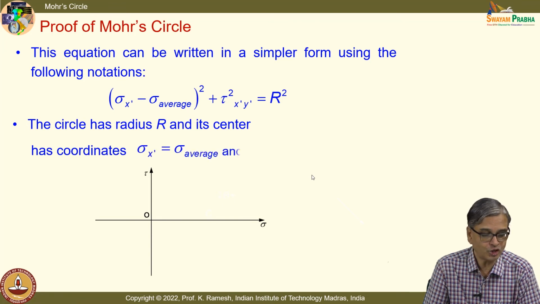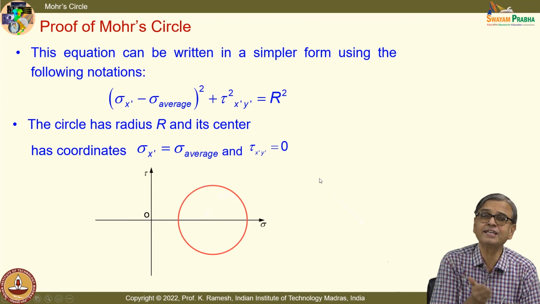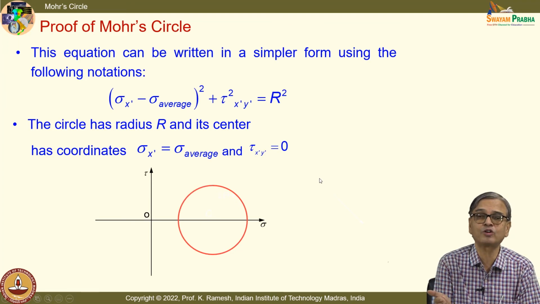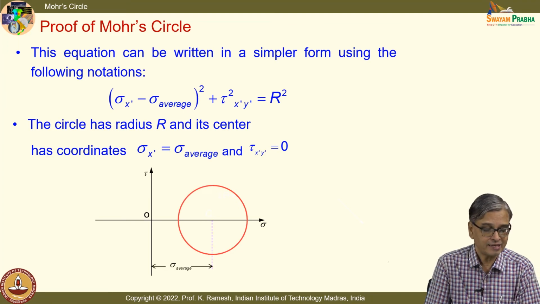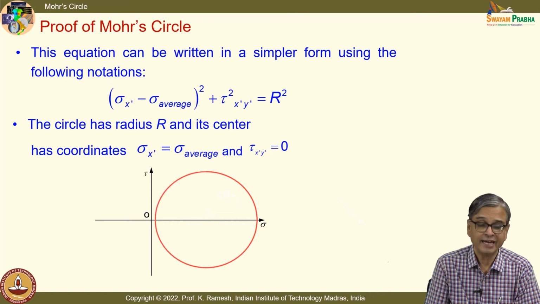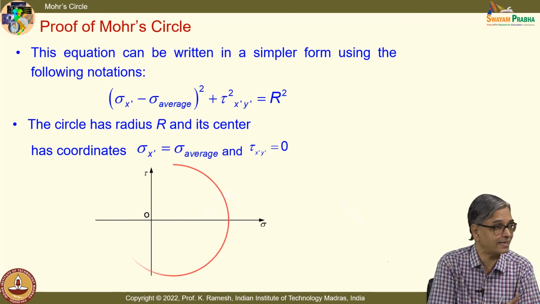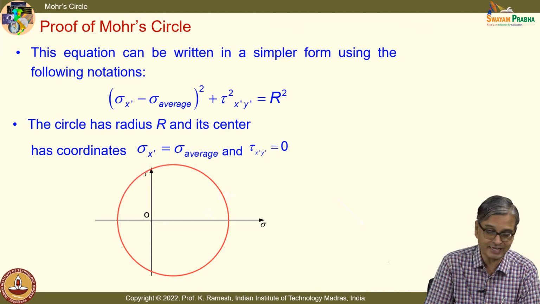and you have to draw the circle with center at sigma average and tau x prime y prime equal to 0. And we have seen from the examples that we have looked at, it can be a circle of various radii depending on the problem. It can be on the positive axis, it can be on the positive as well as negative axis, it can be completely on the negative axis.